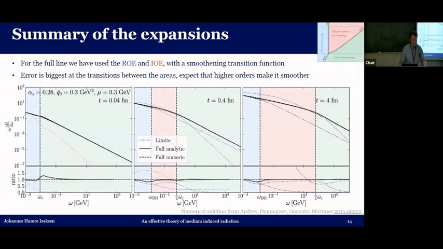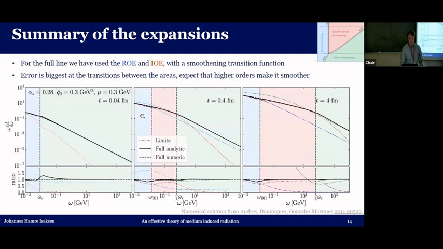So now I'm going to show the full solution. If you combine the resummed opacity expansion and the improved opacity expansion, they don't exactly match at the transition points, so we have to use a smoothing function at the transition point, which is here.